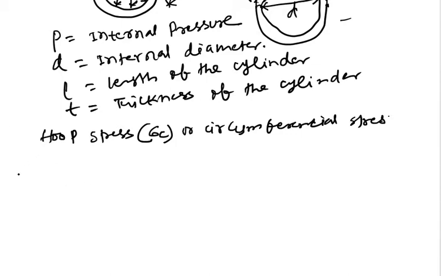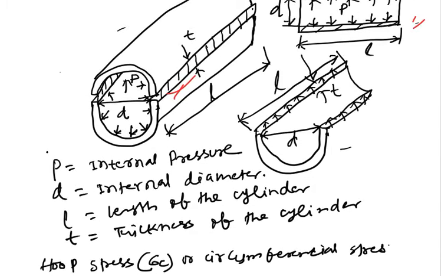So when a pressure is acting on the thin cylinder circumferentially, that is known as hoop stress. So here pressure is acting circumferentially.